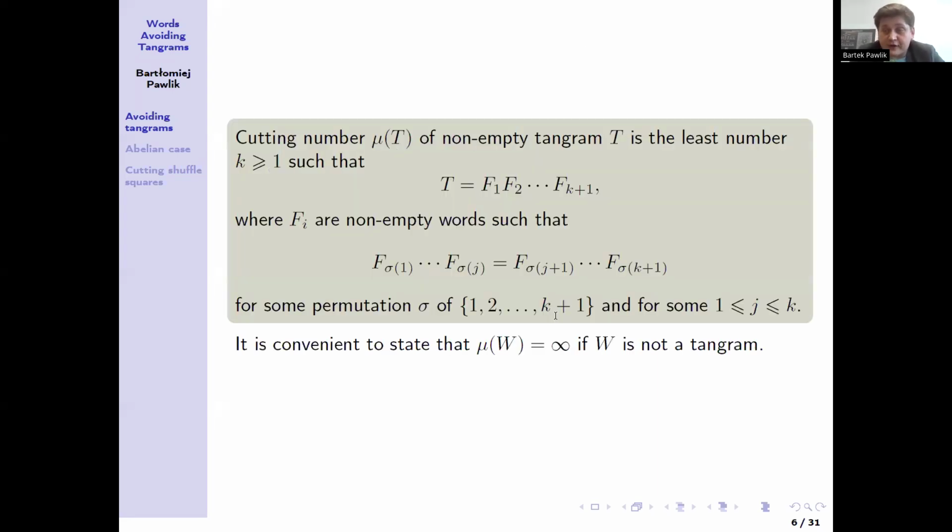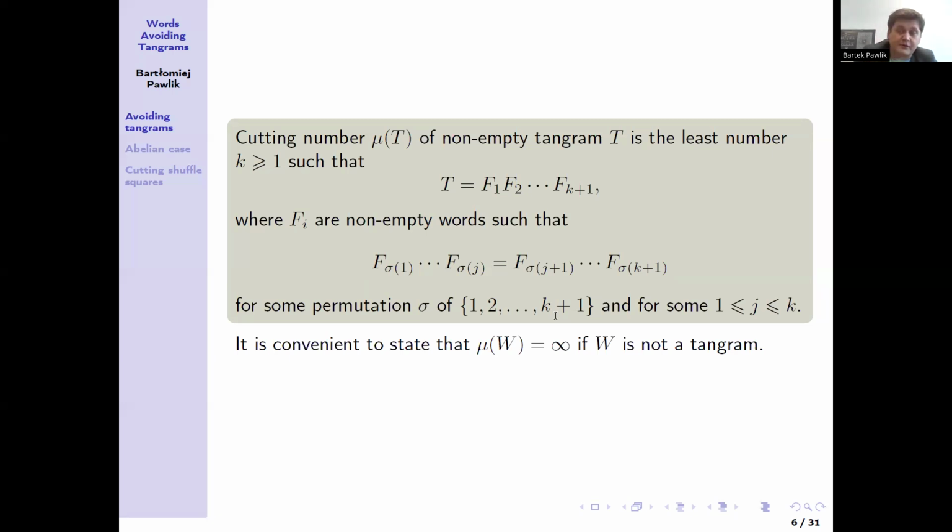And more generally, the cutting number of a non-empty tangram is defined like this: we say that a word T has a cutting number K if K is the smallest number of cuts needed to break the word T into pieces, so the number of pieces is K plus 1, from which we can form these two identical words.